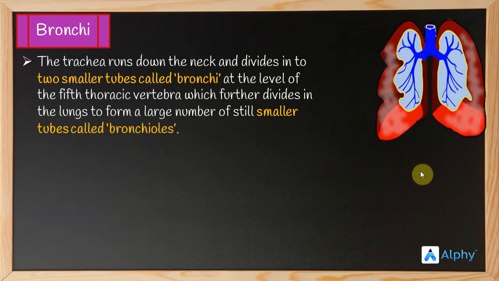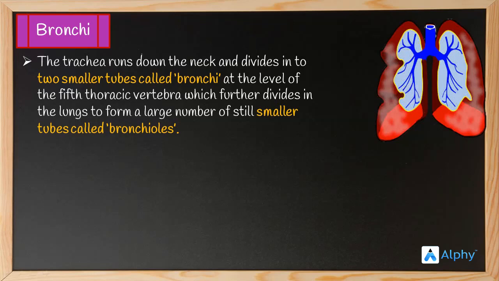As you can see in this image, in this blue region, first we have the windpipe, and the trachea further divides into the right bronchus and the left bronchus. These primary bronchi further divide into smaller tubes, the smaller ones, and these are known as bronchioles.